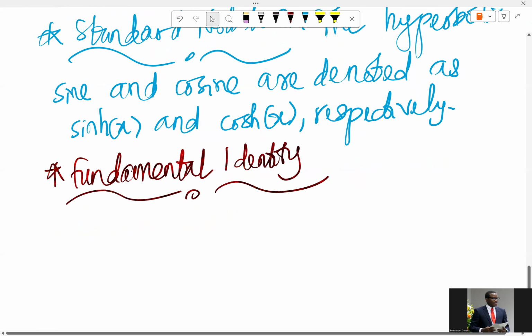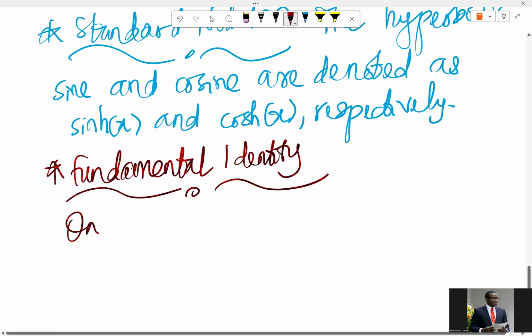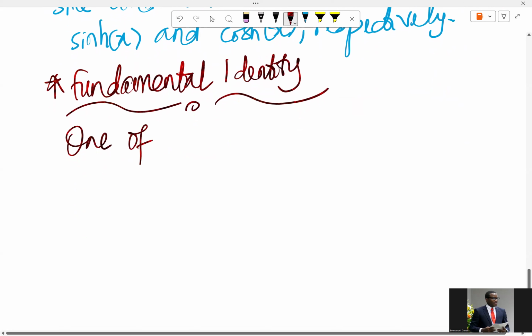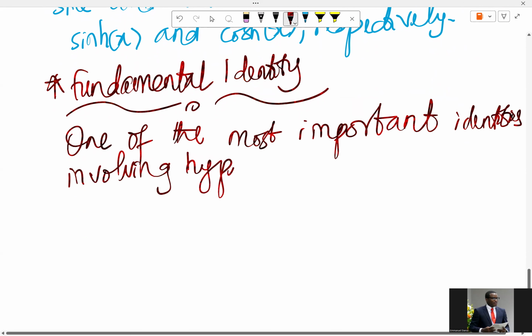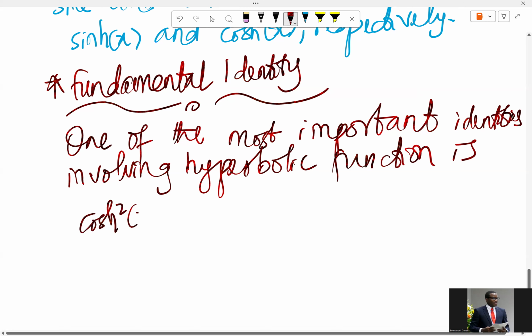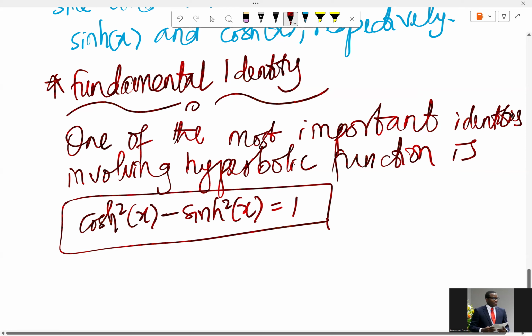So one of the most important identities involving hyperbolic functions is this: cosh squared x minus sinh squared x equals 1. So we'll come across this a lot as far as we talk about hyperbolic functions.